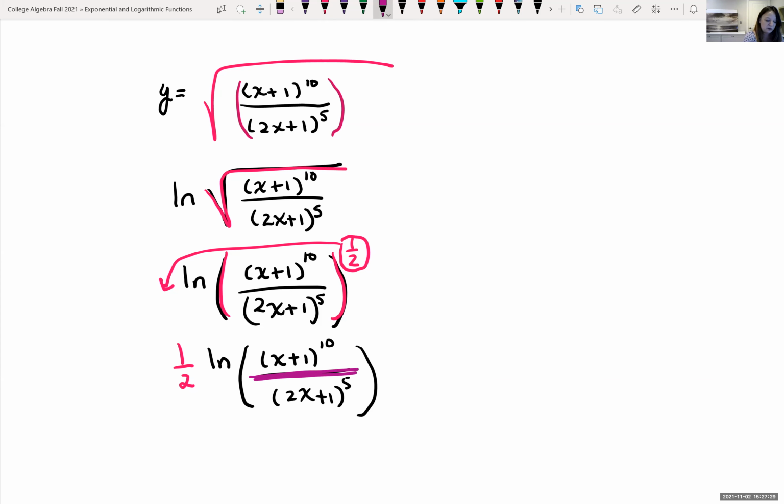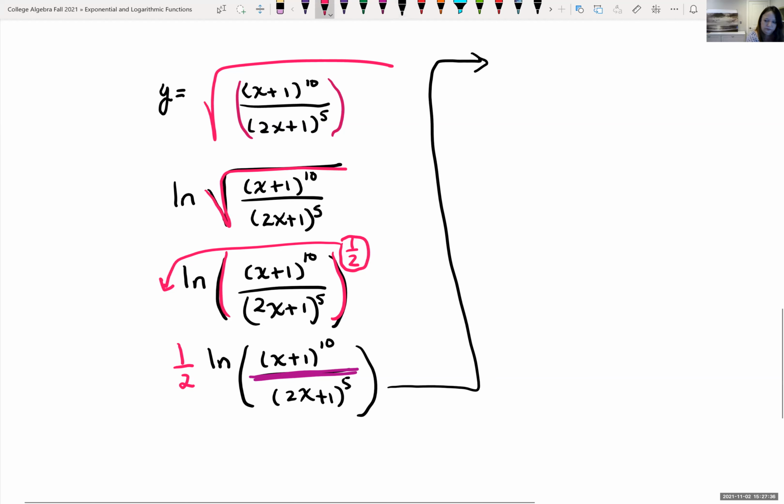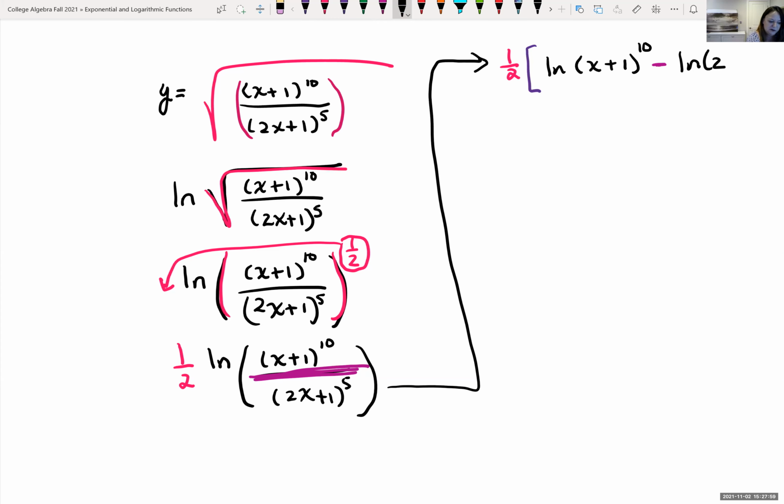Division tells us that we can break this down as subtraction. So we have 1/2, we need a bracket here, the natural log of the numerator, x plus 1 to the 10th, and then minus, because of division, the natural log of 2x plus 1 to the 5th.